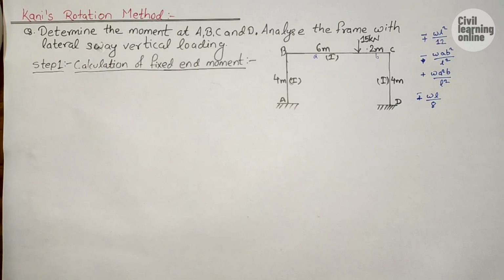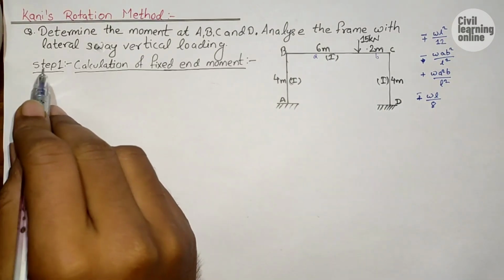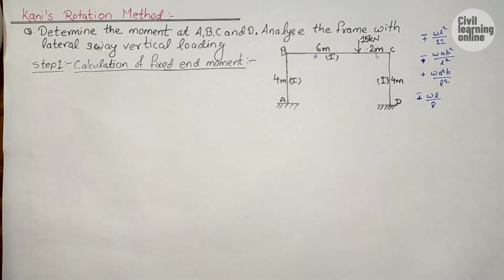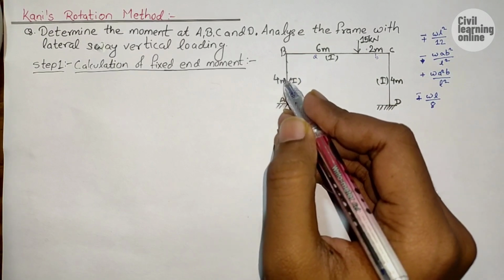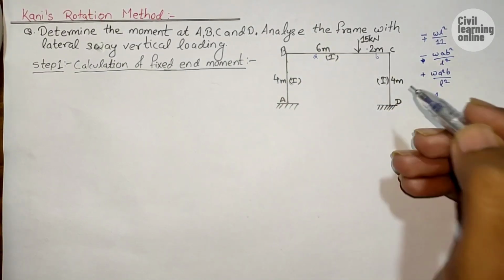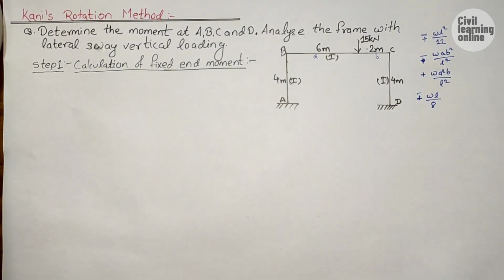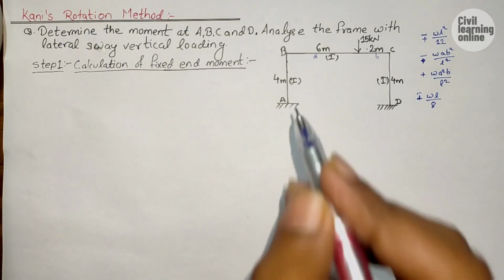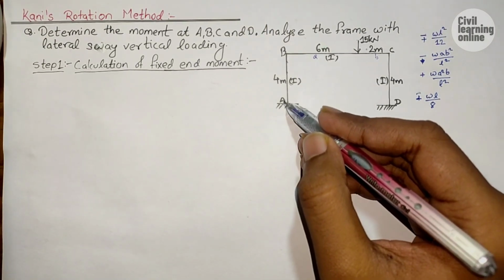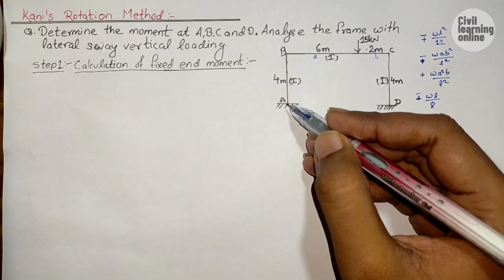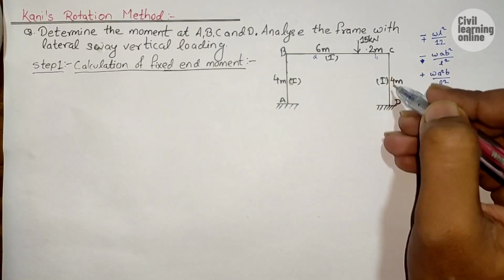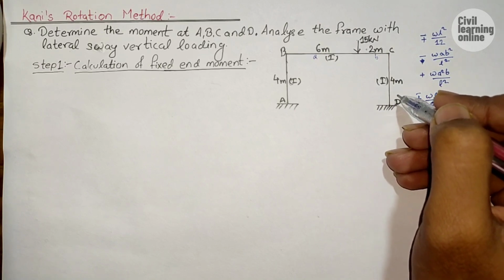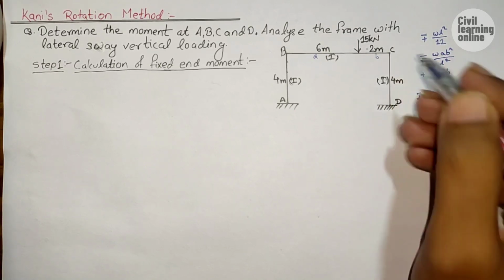So guys, have a look at this step. Here it is step 1, calculation of fixed end moment. Now guys, see here, in span AB there is no loading, and in span CD there is no loading, so the fixed end moments for MAB and MBA will be 0. Similarly, the moments for the span CD, MCD and MDC, will be equal to 0.